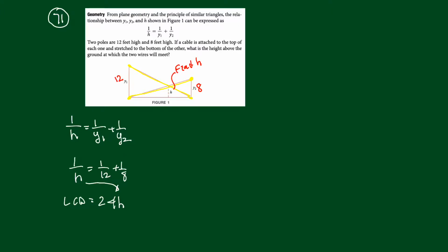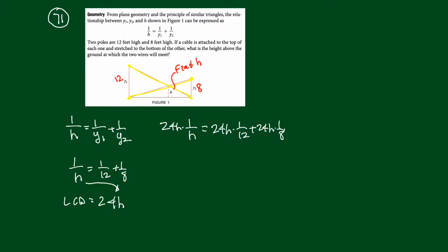So I'm going to write that 24h in front of all three original terms, right? 24h times 1 over h equals 24h times 1 over 12 plus 24h times 1 over 8.